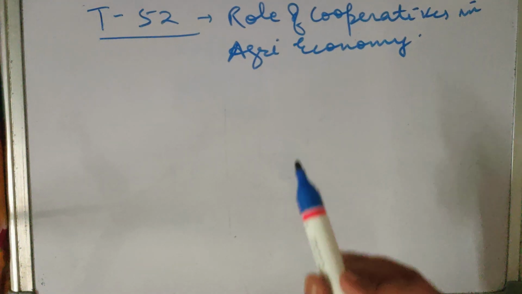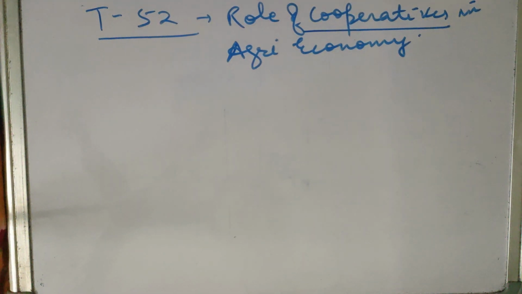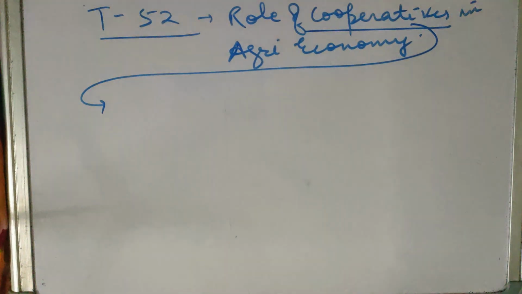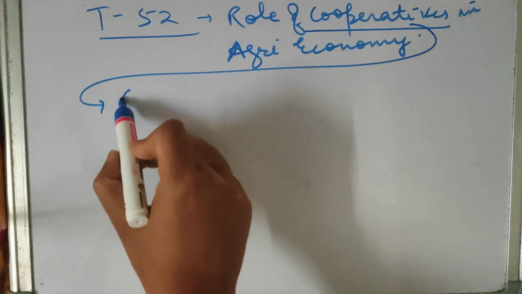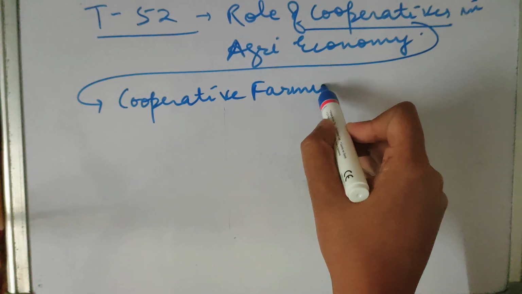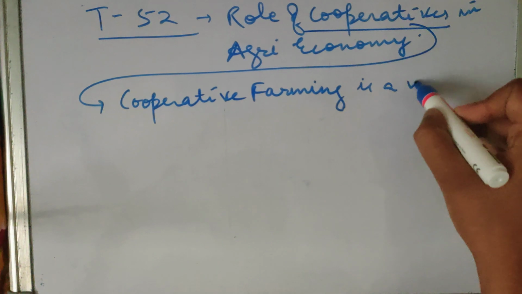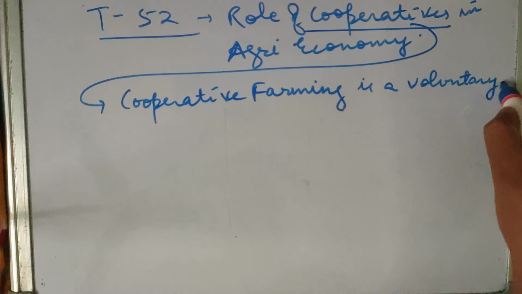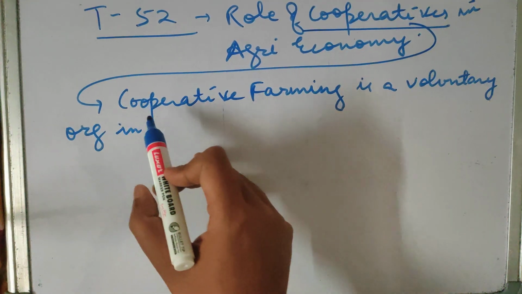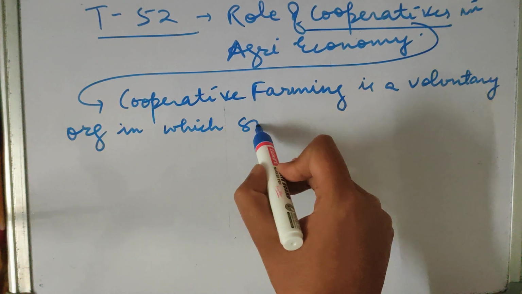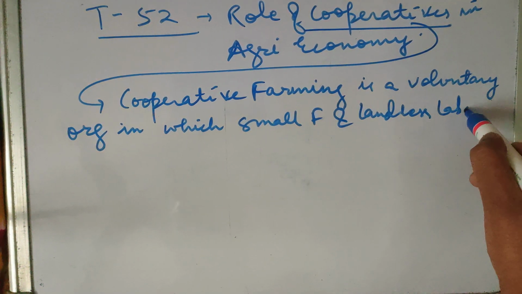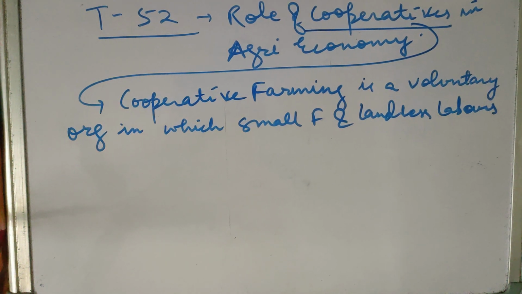So first of all, we should understand what cooperatives are. Cooperative farming is a voluntary organization in which small farmers and landless laborers increase their income by pooling land resources.